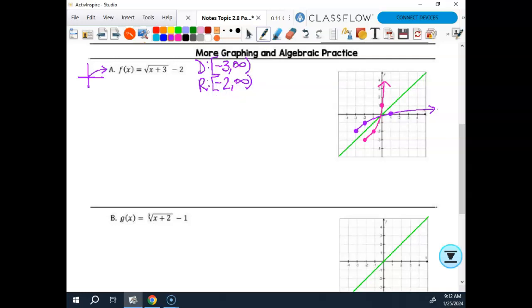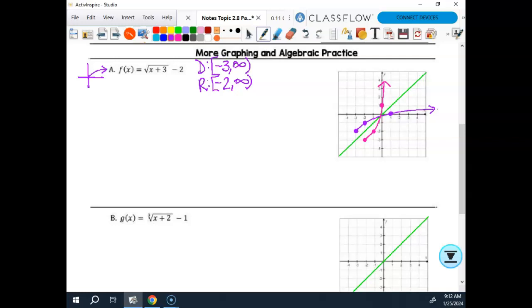Now, I still believe in my heart that the best way for you to write your domain and range is in interval notation, because you are just going from left to right or bottom to top. You don't have to worry about the signs getting flipped around, because inequality notation becomes a hot mess sometimes. But things could be written in inequality notation for you, and you need to make sure that you can recognize that they're the same thing.